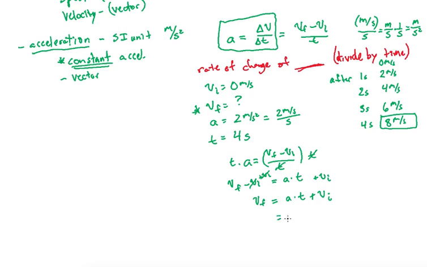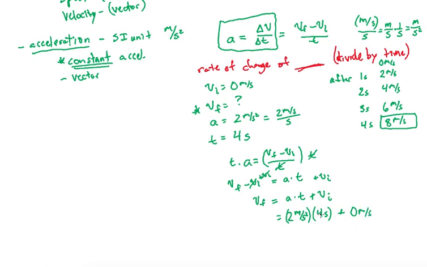My acceleration is 2 meters per second squared, meters per second, every second, so meters per second, and then my time is 4 seconds, and then my initial velocity is 0 meters per second.